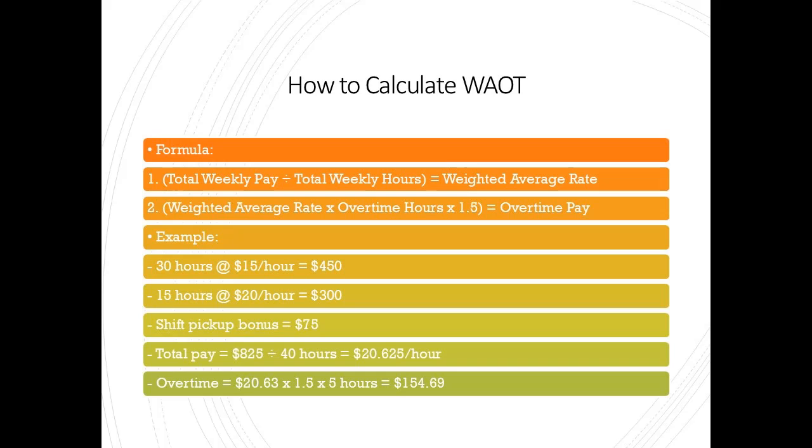So we have $20.63 times 1.5, which is the overtime rate, time and a half, times the 5 hours, which is the overtime that they initially got, which is in excess of 40 hours. That brings us to $154.69 for their overtime compensation.